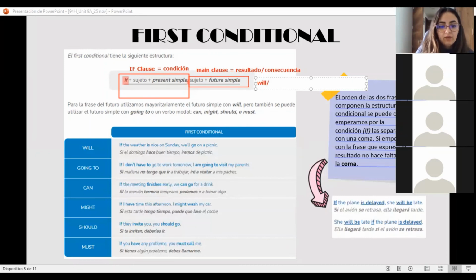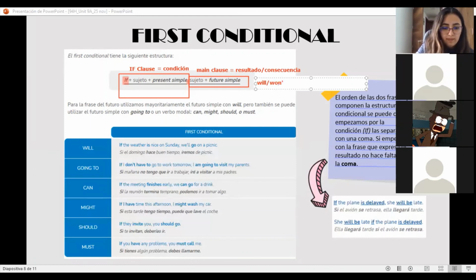¿Y la forma negativa cuál era? ¿Me hacen acuerdo, chicos? Will not or won't. Y verbo to be con negativo, going to. Exacto, going to.